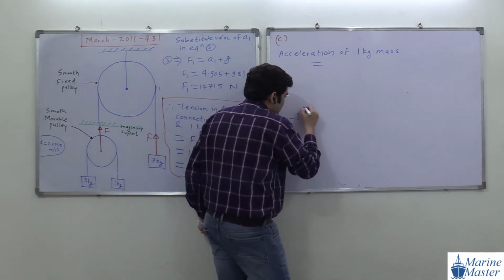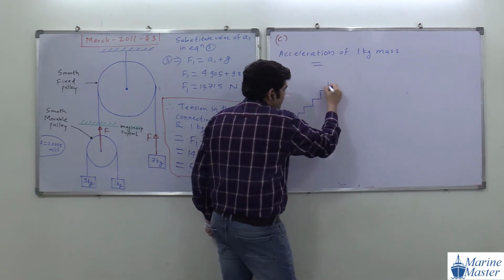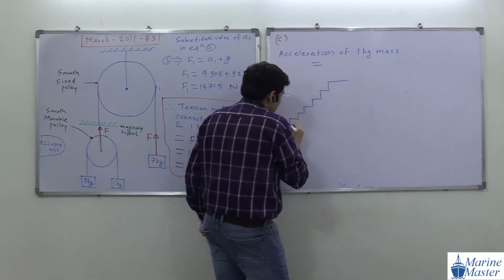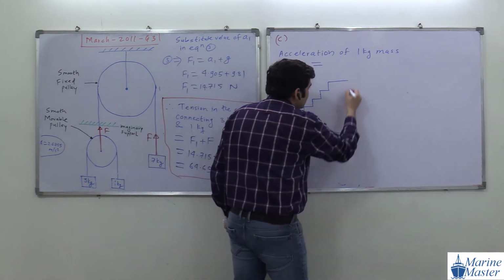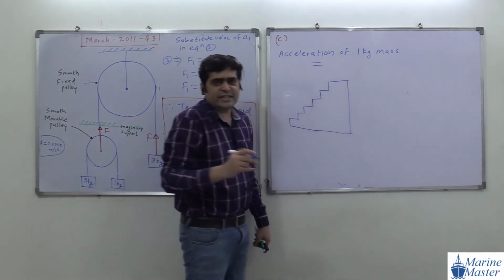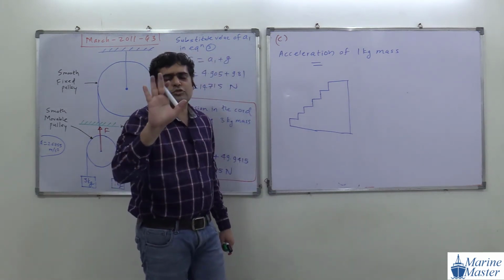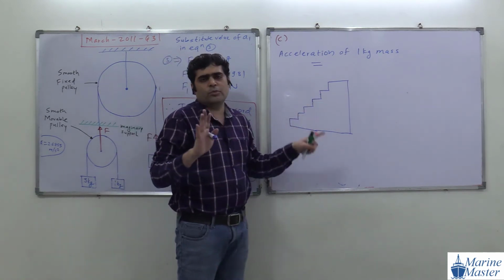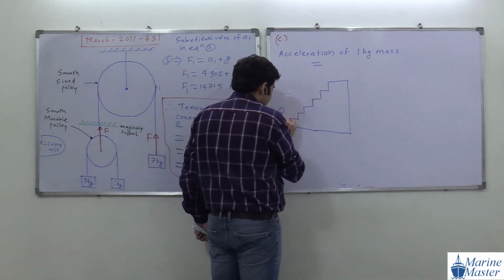Moving stairs. This is what an escalator is, suppose. Now, initially, assume that this escalator is stationary. Just assume that this escalator is not moving, these moving stairs are not moving, and here I am standing.